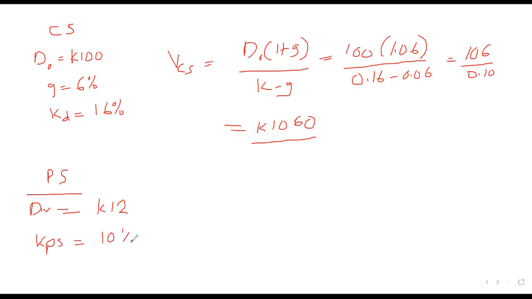Find the value of the preferred stock. So value of preferred stock is simply the dividend paid over the required rate of return. So this is 12 divided by 10%, 0.10. The value of preferred stock is 120.